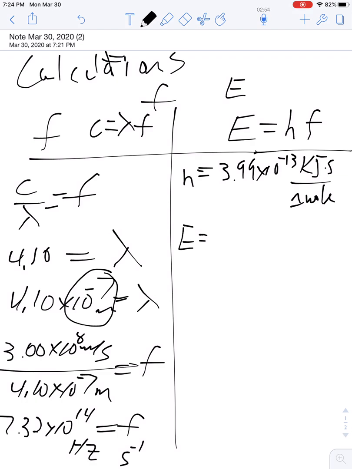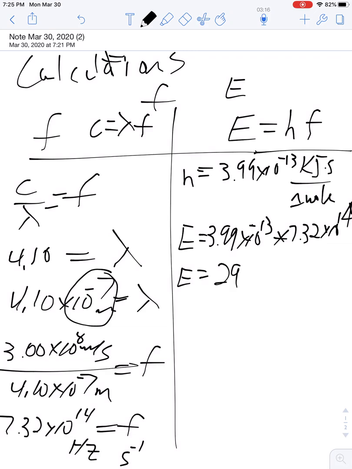So I take that times my frequency, so then I end up with an energy of 292 kilojoules per mole.